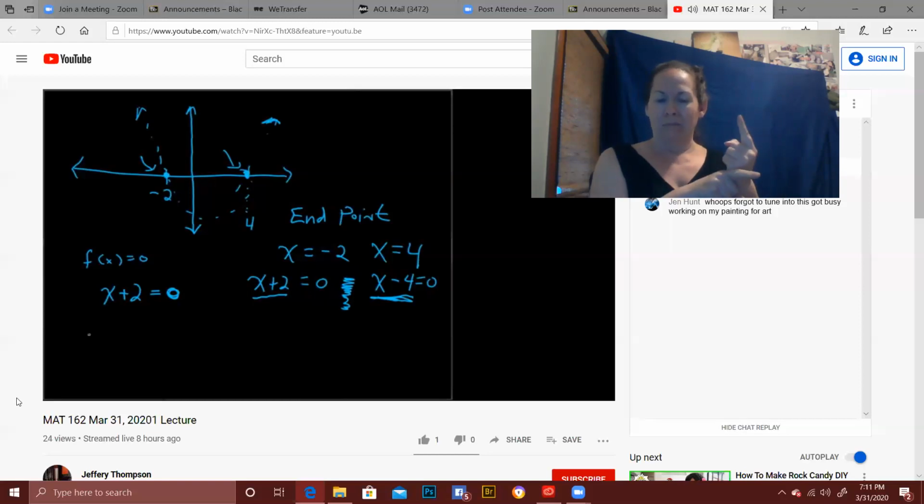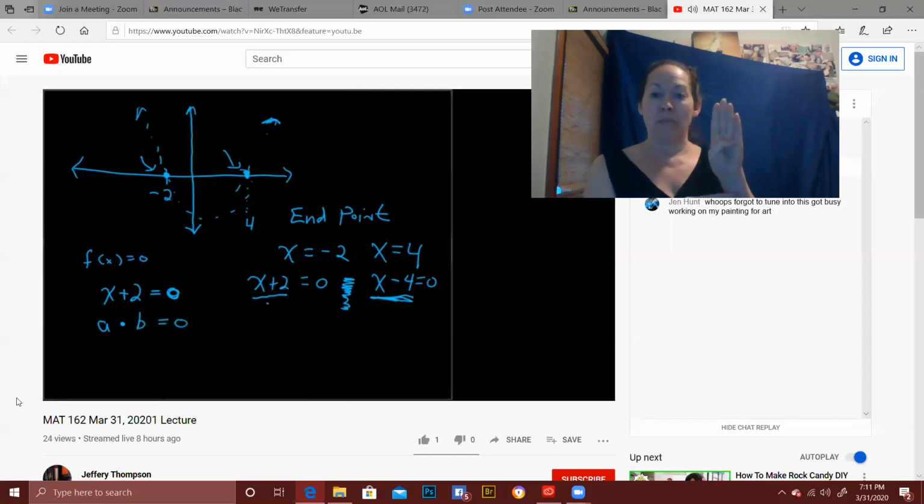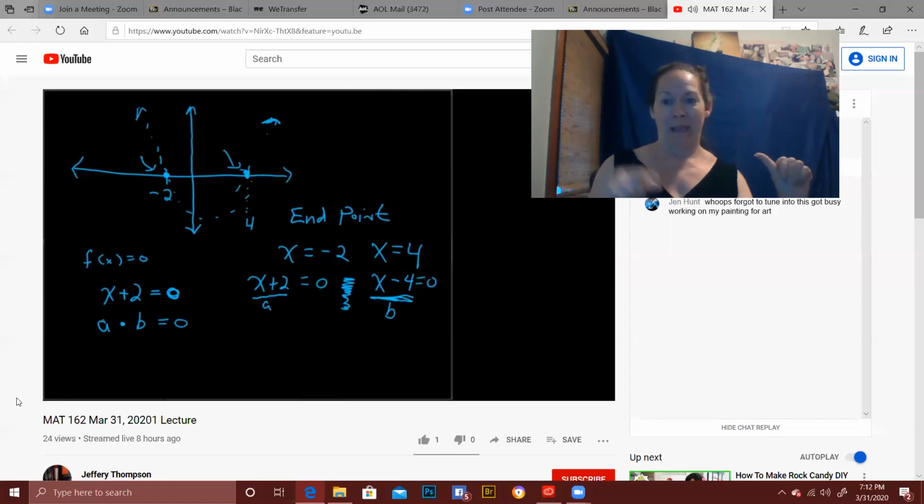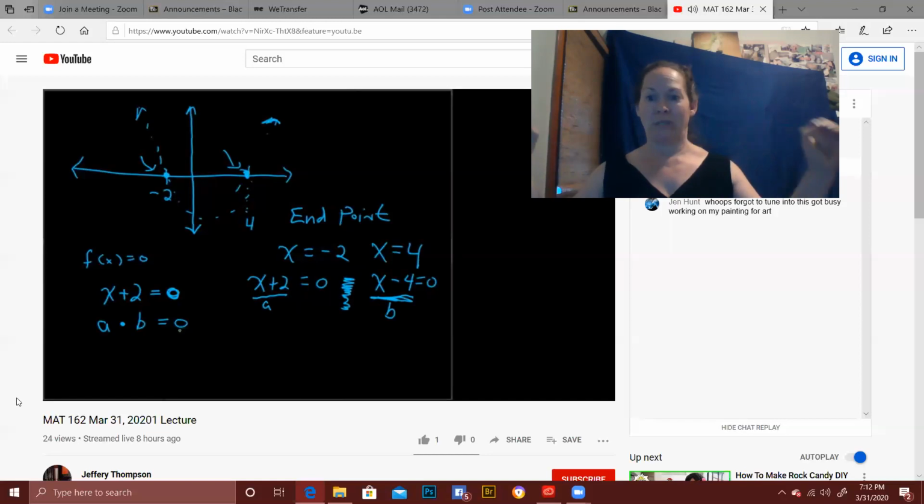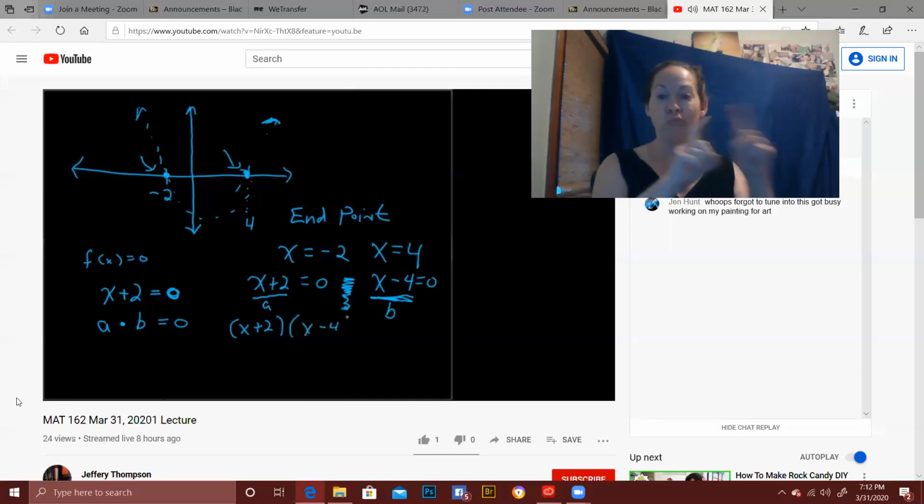So if they're factors, we're relying on the idea that A times B equals 0. So if this is my A and this is my B, well, that equals 0, and that equals 0. 0 times 0 will give me 0. So I'll put my 2 factors together, and I'll FOIL.